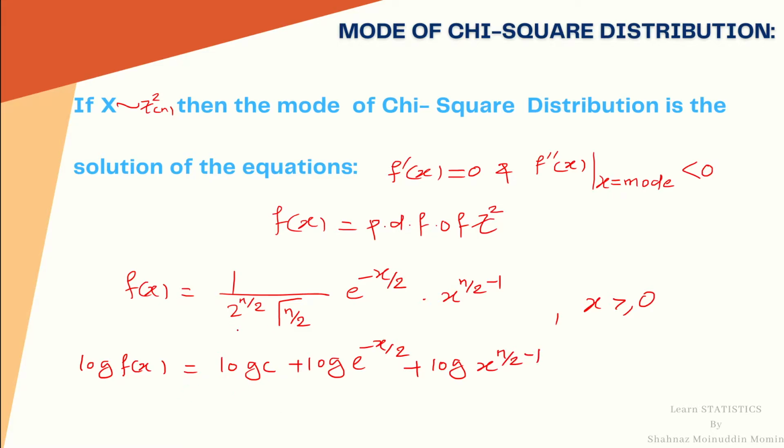Here c is the constant 1 upon 2 raised to n by 2 gamma n upon 2.